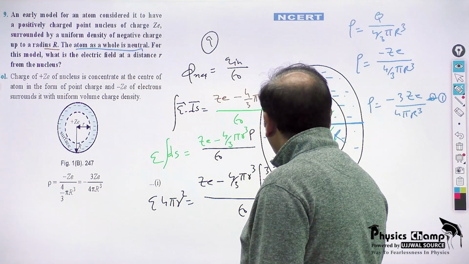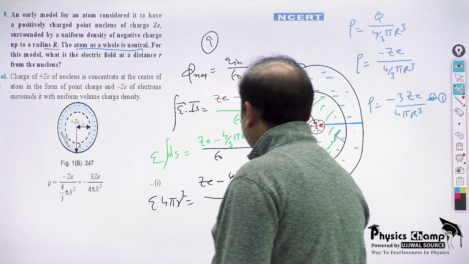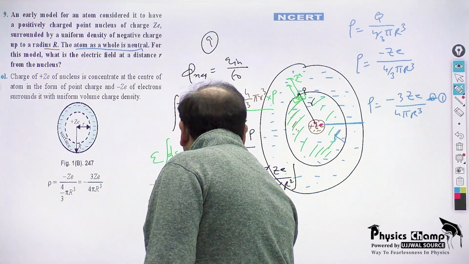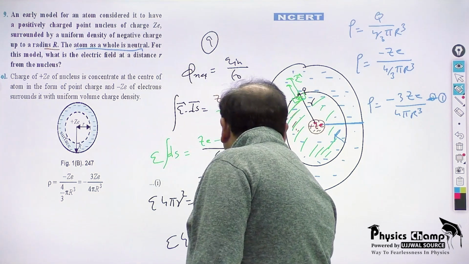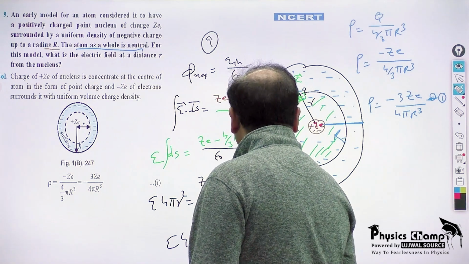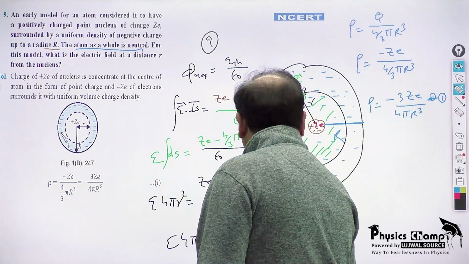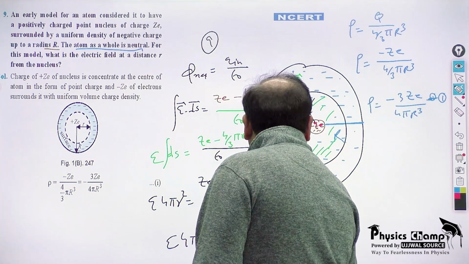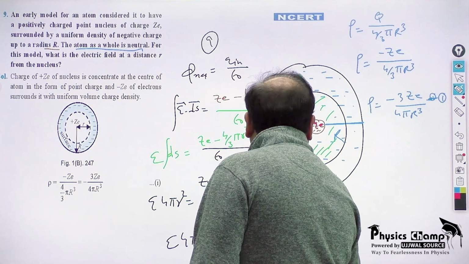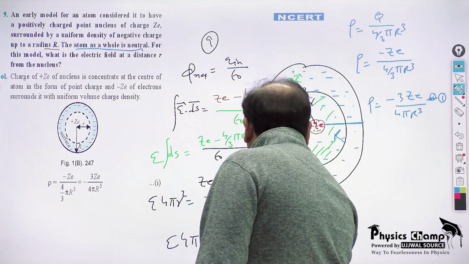Now this 4 pi gets cancelled, 3 gets cancelled. So E into 4 pi r square is equal to Ze minus Ze into r cube by capital R cube, by epsilon naught.